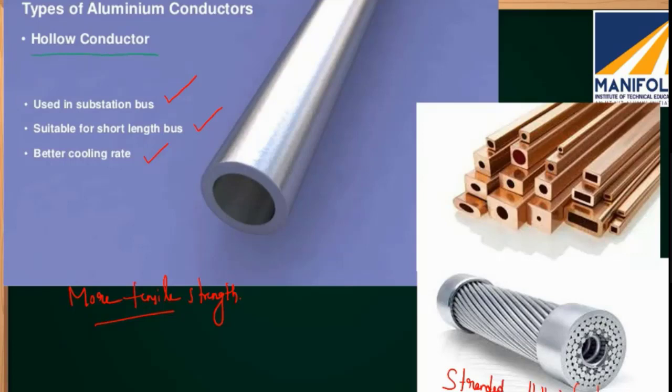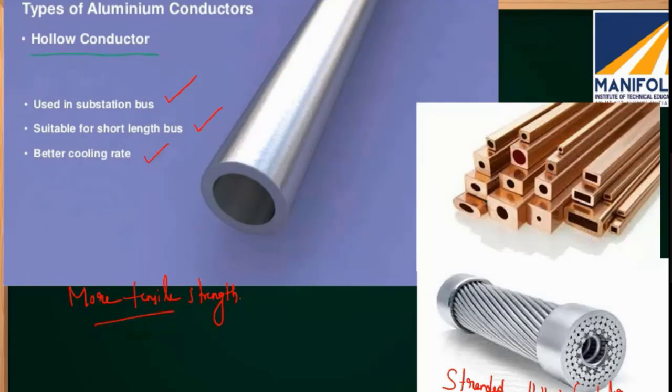Understand? This is a rectangular hollow conductor, and this is a cylindrical hollow conductor. So hollow conductors are used in bus bars. They can be used only for shorter lengths because they cannot be bent. Their strength is more, and they offer a better cooling rate.